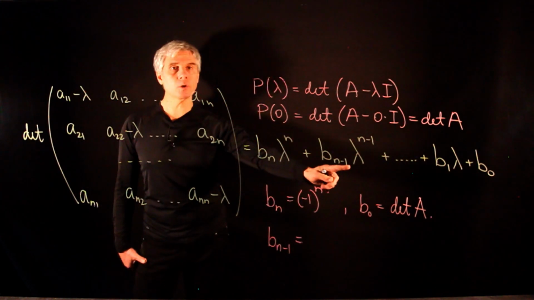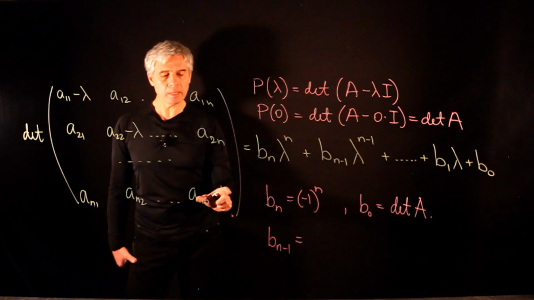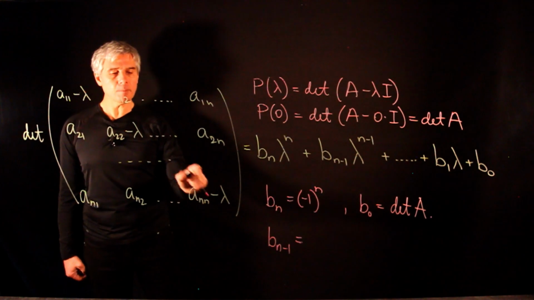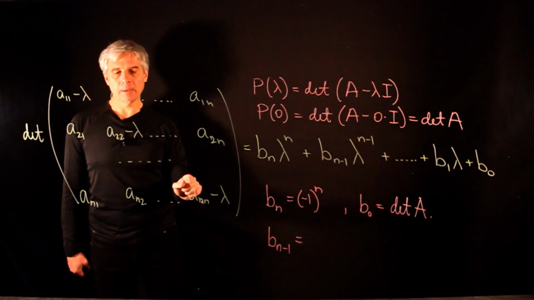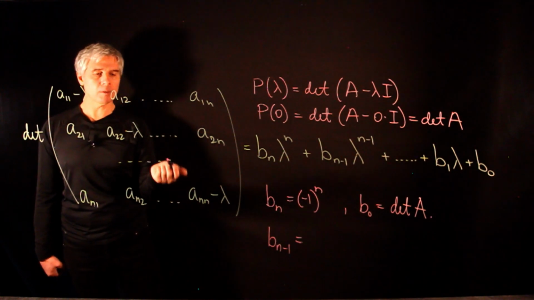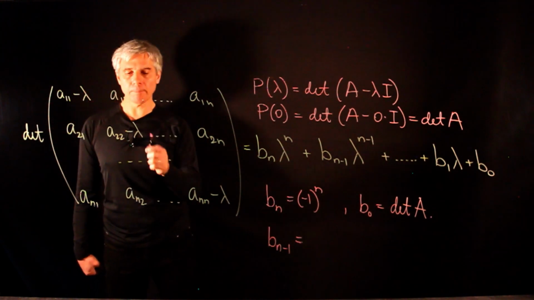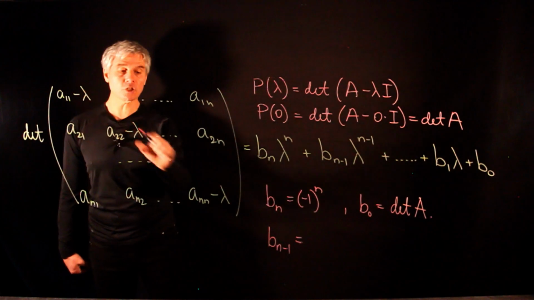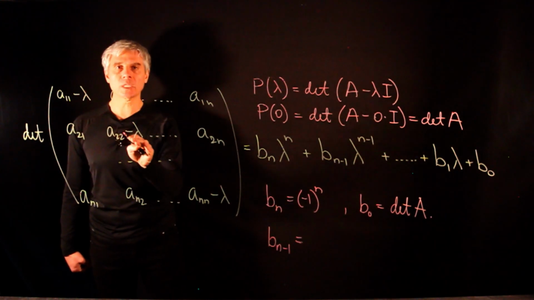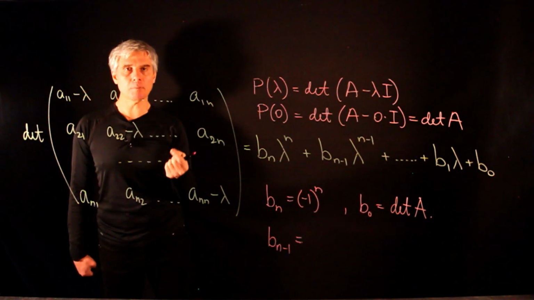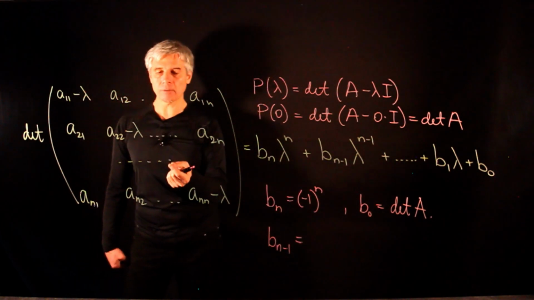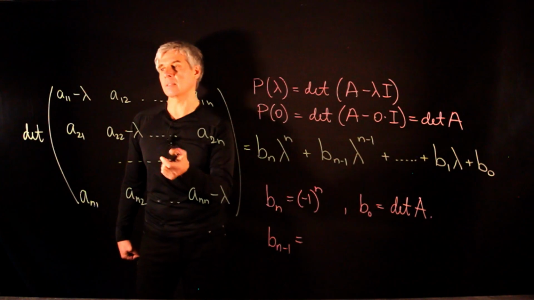When we compute the term with lambda to the n minus 1, we need to take n minus 1 factors from the diagonal entries. But then there is only one way to complete it to a permutation matrix. If we have chosen n minus 1 entries on the diagonal, then to get a permutation, the last entry also has to be on the diagonal.